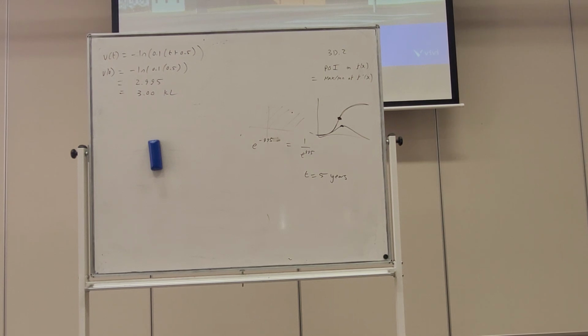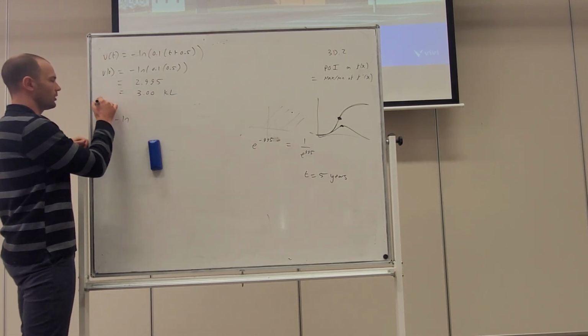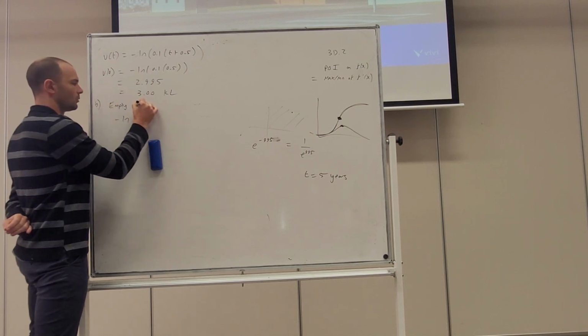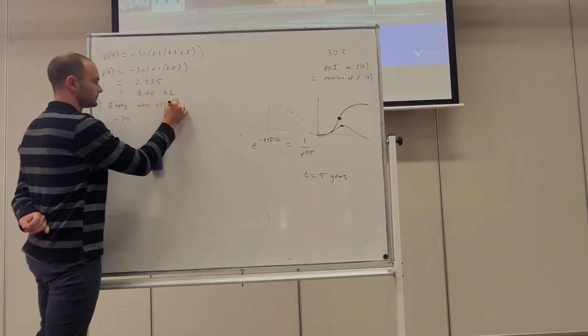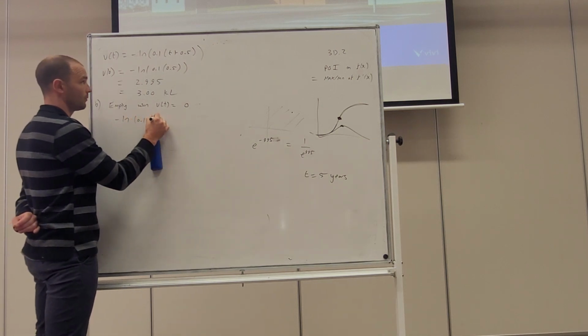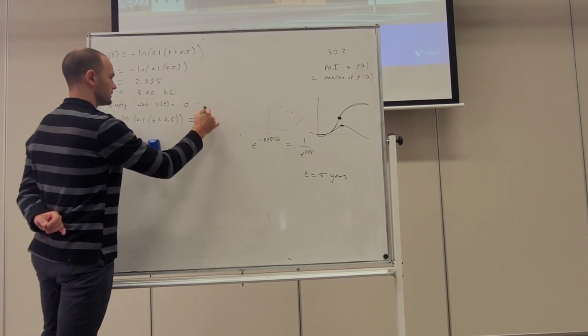All right, part B. When is the tank fully empty? Well, the tank will be empty when the volume is equal to 0, won't it? So part B, empty when the volume is 0. So that means minus ln of 0.1t plus 0.5 equals 0.